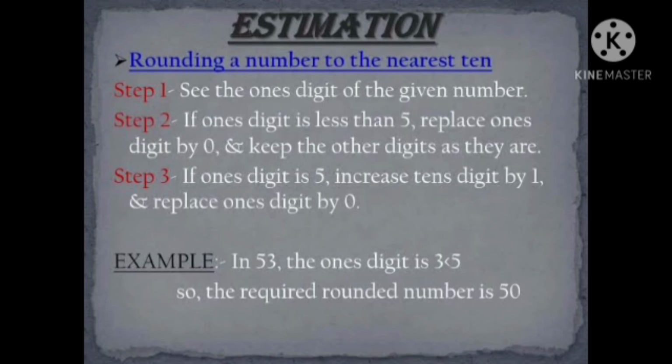Step 3 is if the ones place is more than 5, you replace the tens place by increasing 1 to it. For example, if 53, 3 is less than 5, so you can round that nearest 10 as 50. If suppose the number is 56, you round the number to nearest 10 as 60.